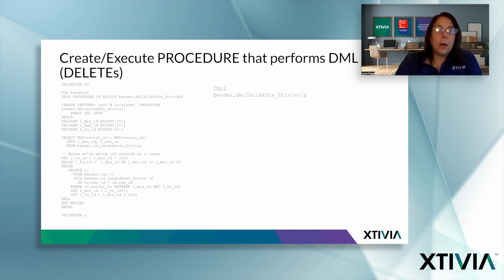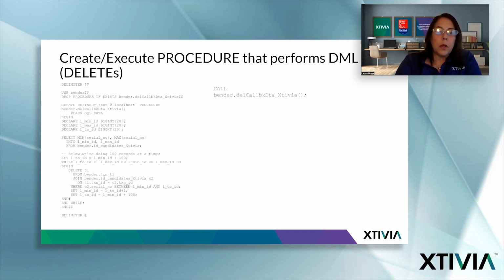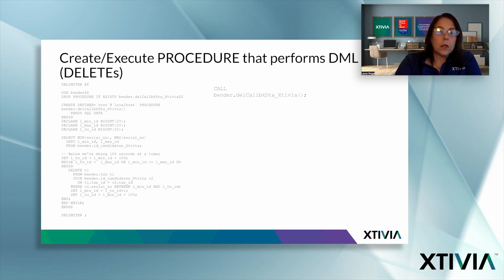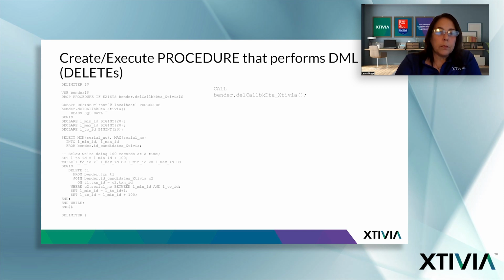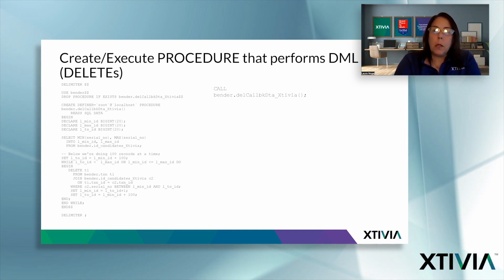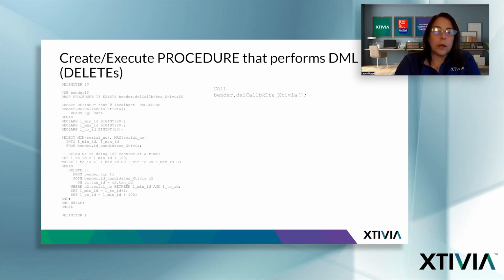Here is the procedure that performs the DML. Yeah, we'll have that included in this presentation. So now I'm going to go ahead and demo what I've just showed you here.